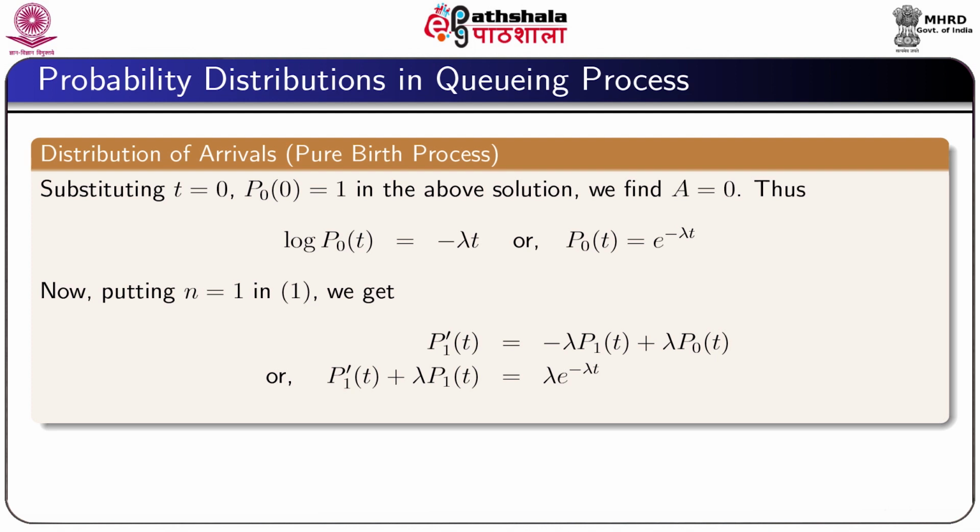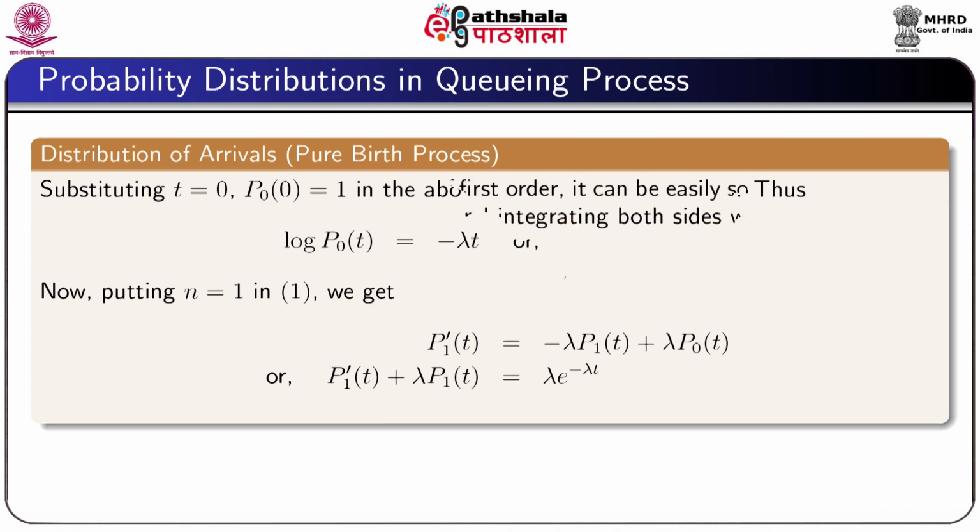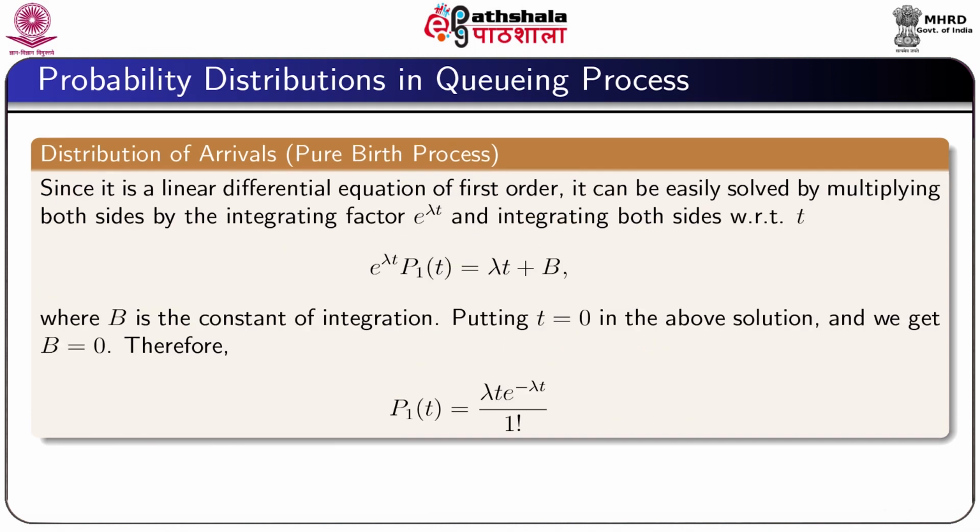Now, putting n equal to 1 in equation 1, we get P1'(t) equal to minus λ P1(t) plus λ into P0(t), and simplifying we get P1'(t) plus λ P1(t) equal to λ into e to the power minus λt. This is a linear differential equation of first order, and it can be easily solved by multiplying both sides by the integrating factor e to the power λt.